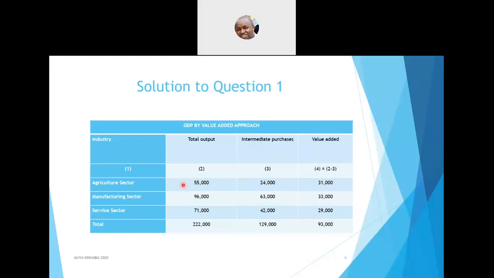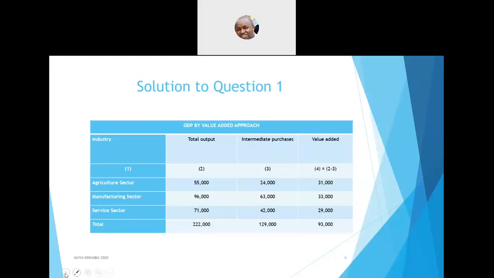If you chose to look at the value added approach in each of the sectors and then added up, you'd end up with 93,000. And if you choose to compute total output in all sectors and then you subtract that, again, I'm very sure you'd end up with the same values.